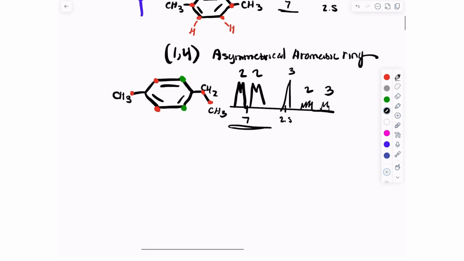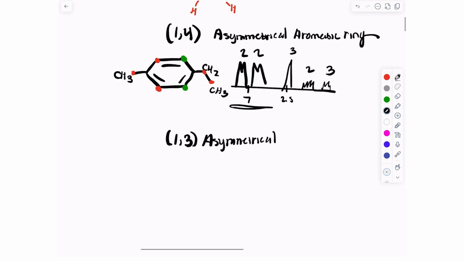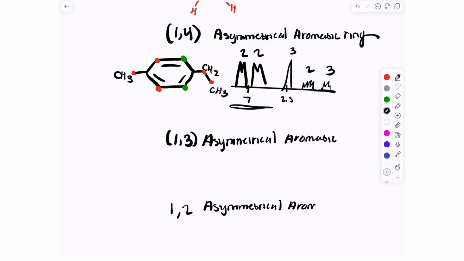Okay, so like I said, this is only for 1,4, but there are others, like there's 1,3, and there's 1,2, but these are kind of harder to really identify, but I'll tell you how to identify them.